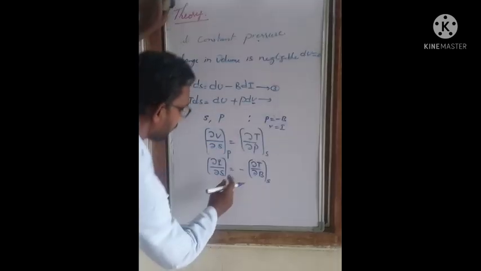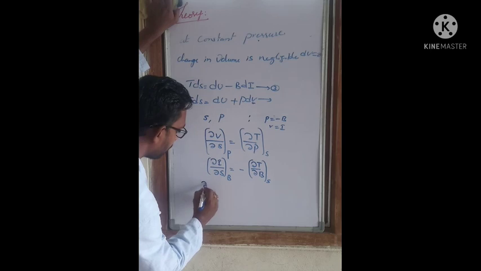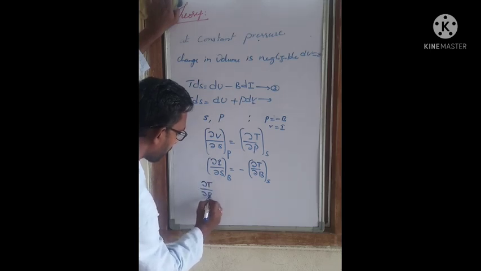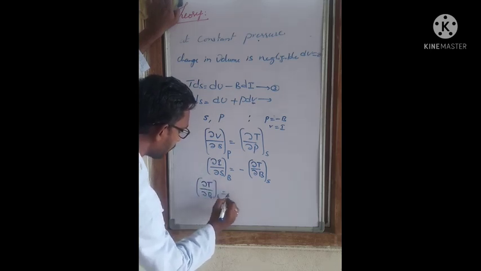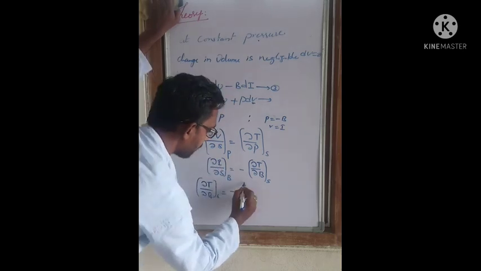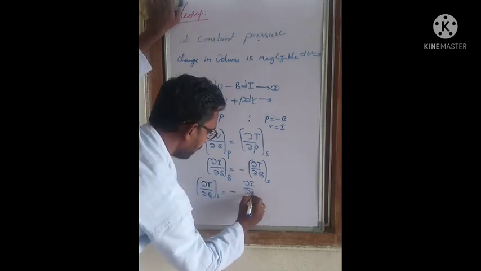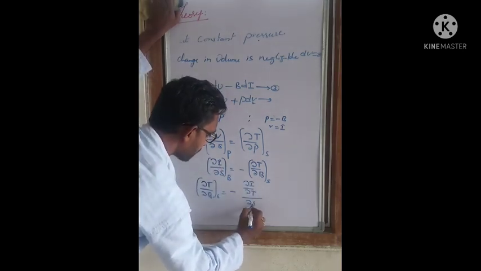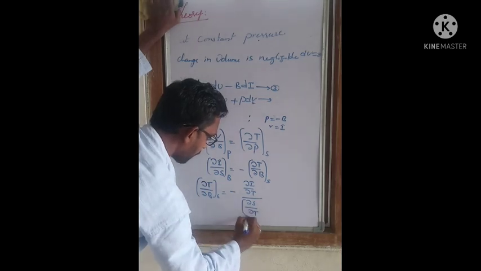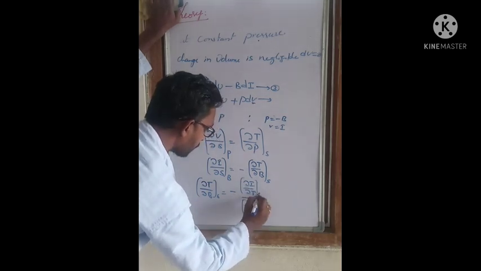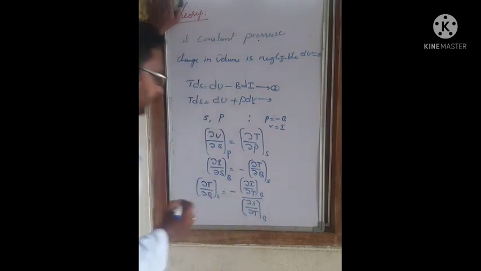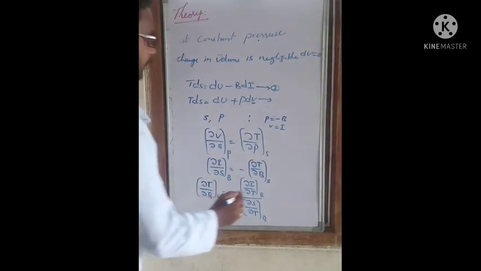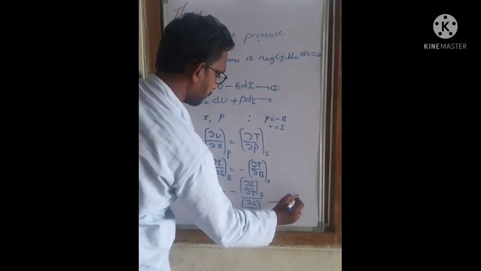From this equation, I am writing ∂T/∂B at constant entropy equal to minus ∂I/∂T divided by ∂S/∂T, at a constant magnetic field. Assume this is equation number 5.